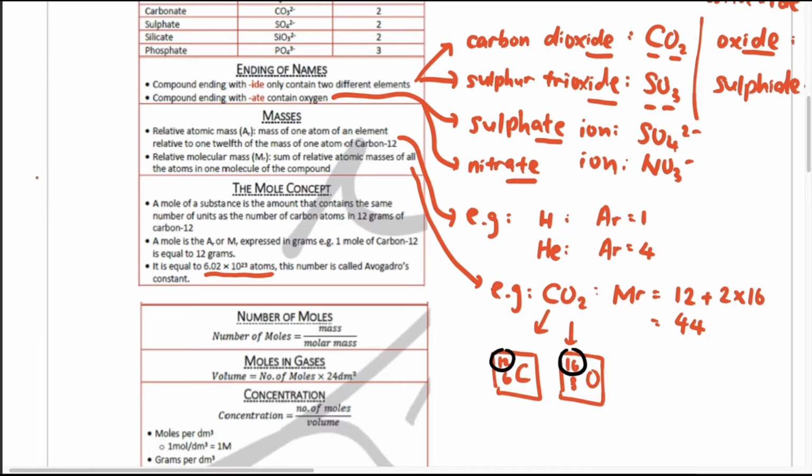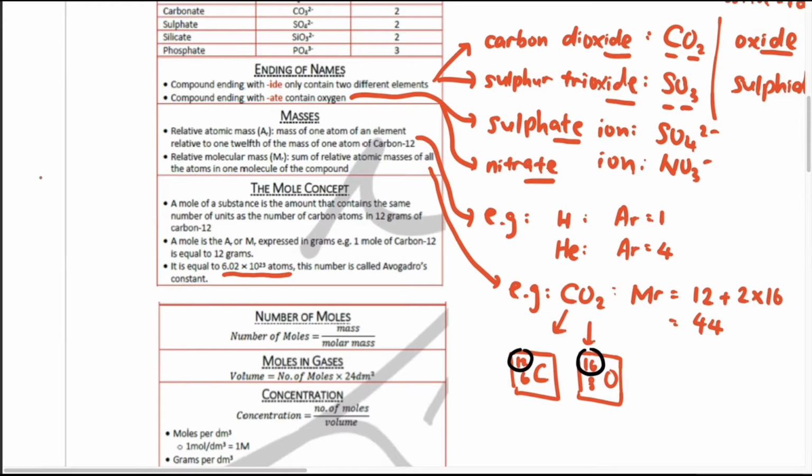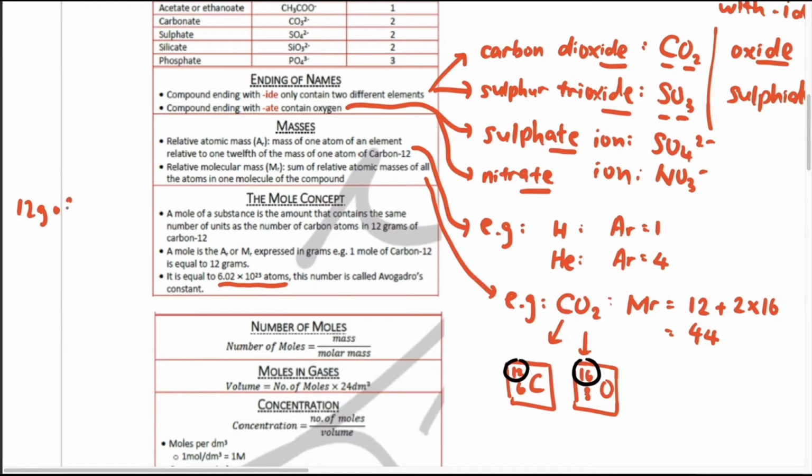So 12 grams of carbon-12 contains 6.02 times 10 to the power of 23 carbon atoms. This is the fact that you need to know.